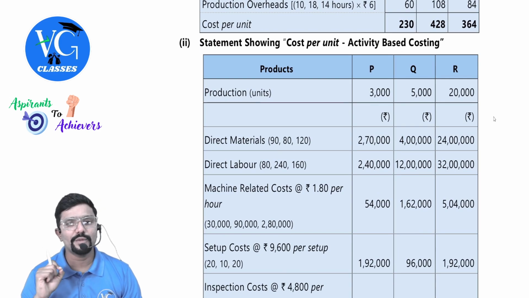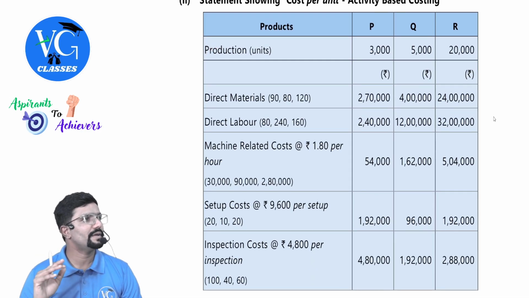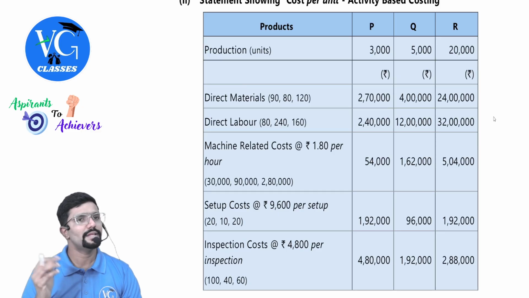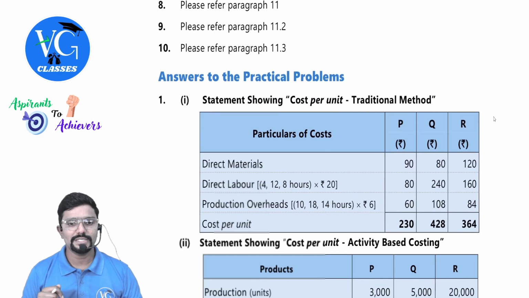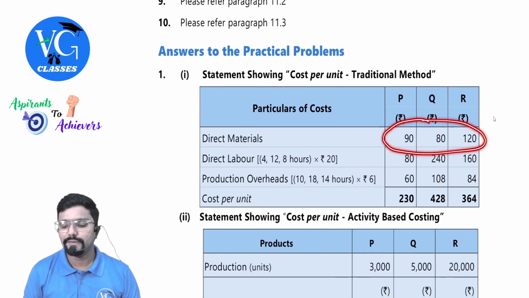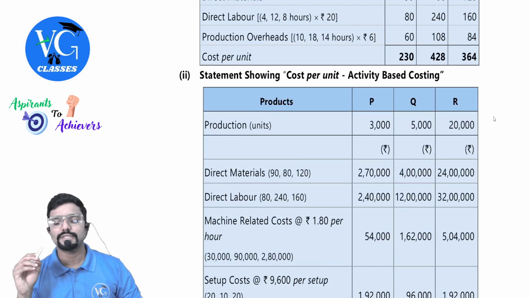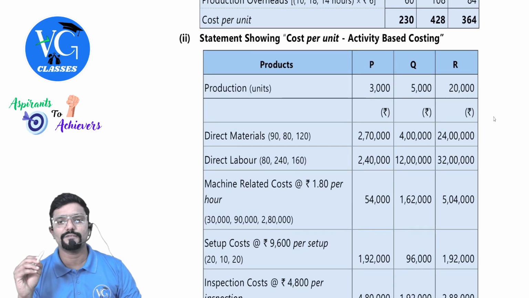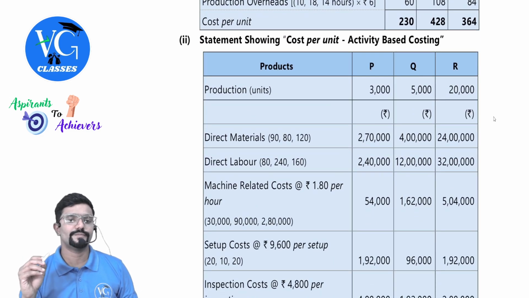Statement showing cost per unit, that is activity-based costing. Production is given here. Direct material: we are calculating total, because for activity-based cost apportionment we will work with totals, and at the end we will divide by the number of units. How much is the per unit cost? 90, 80, 120. Multiply that with number of units: 90 into 3000, 80 into 5000, and for R, 120 into 20,000.